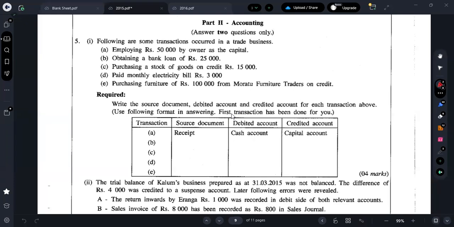As this is our initial paper, of 2015, I will take some time to explain this accounting part, so whatever doubts you have, you can clear them. In the message itself, I sent you to mark all your doubts and come to the session, so that you can clear them and leave. So take the maximum out of these sessions, because it will help you in the exam, where you can score better marks.